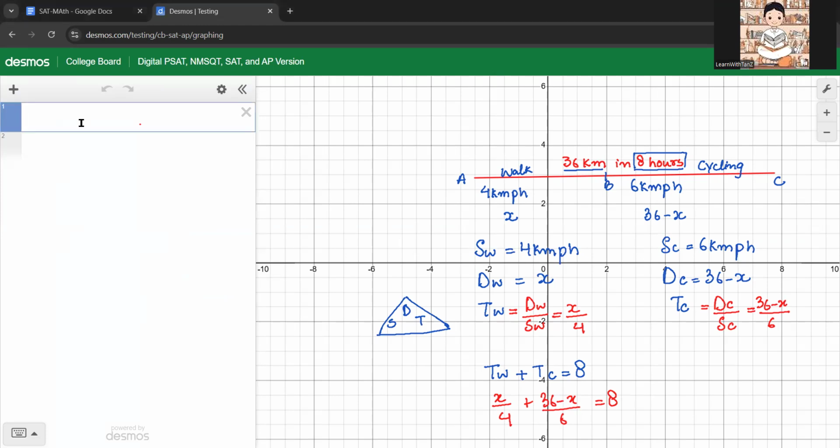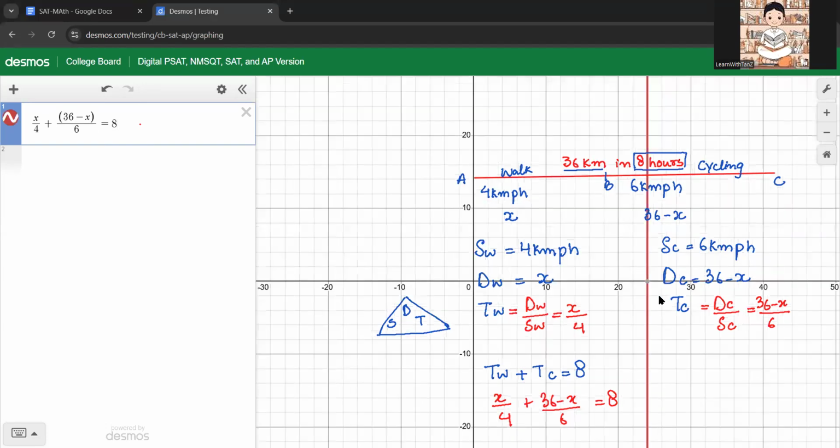I'll write my equation: x over 4 plus 36 minus x over 6 equals 8.